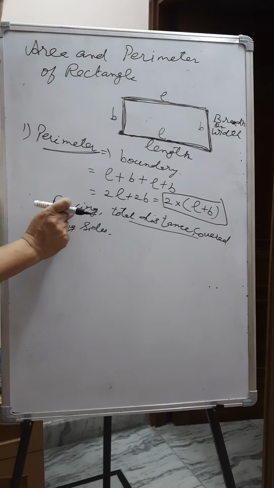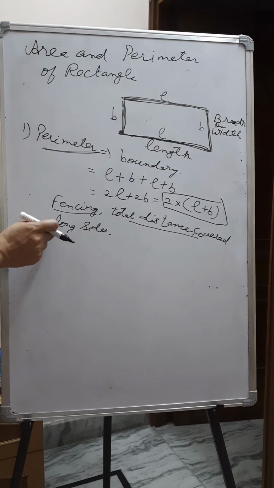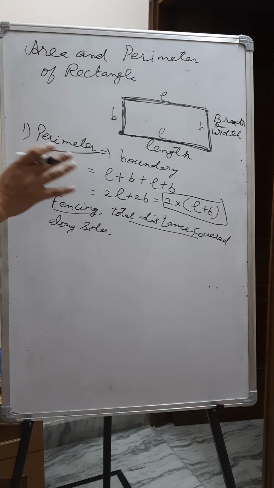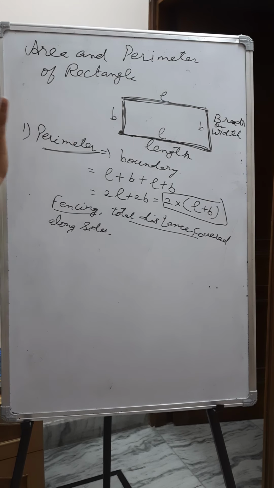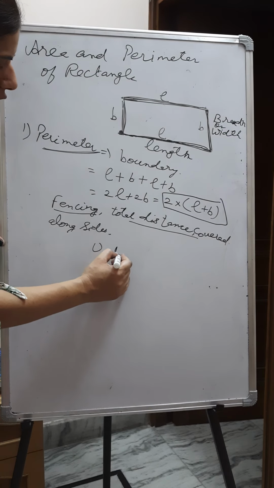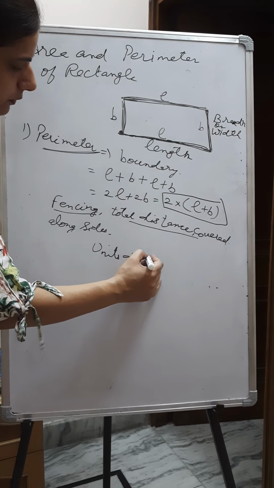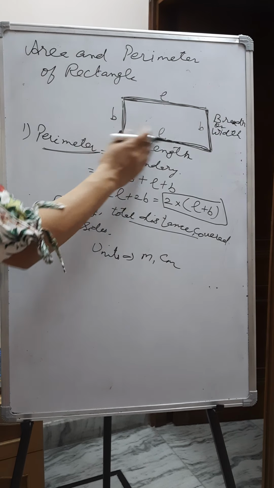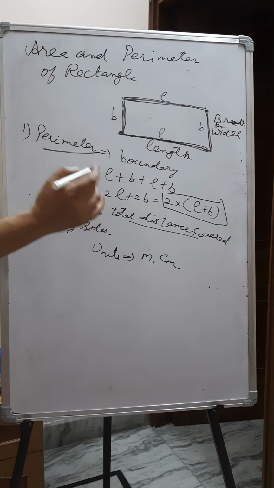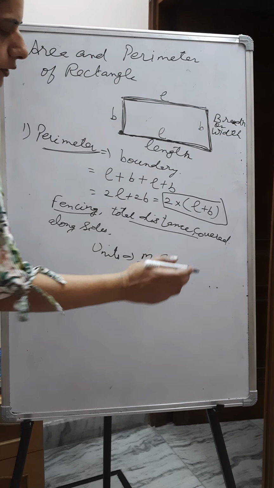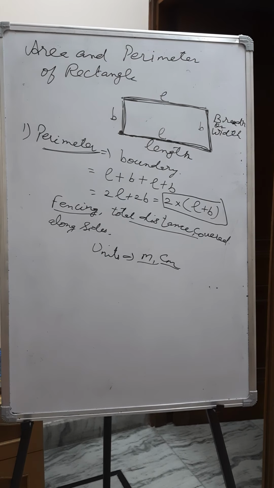Fencing, distance covered along the side is the perimeter. The units of perimeter are meter, centimeter, as the distance covered is in meters, centimeters, so they are single units.